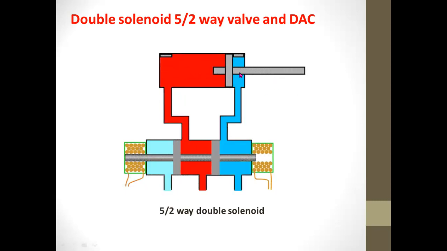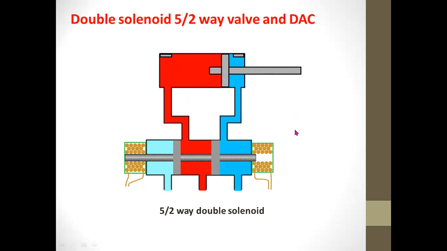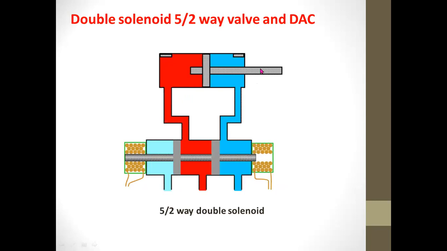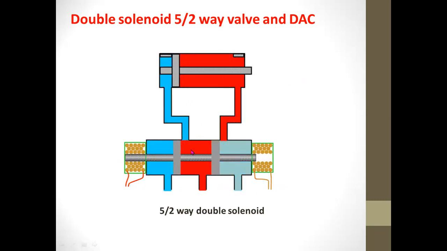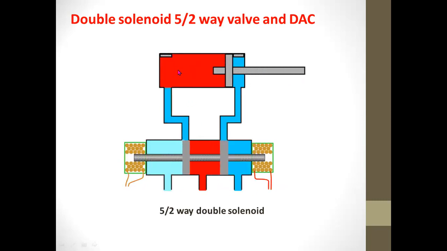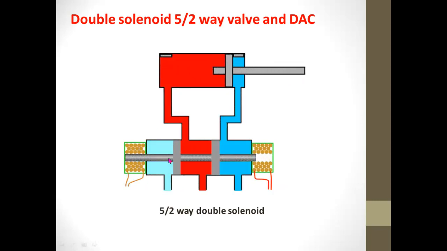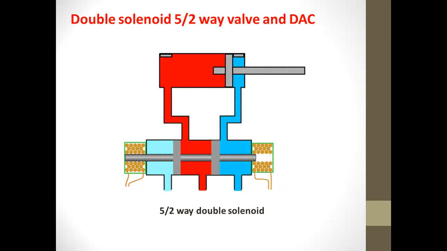If the cylinder is already in the extended position and then you energize both, it will remain in the extended position. Or if the cylinder is in the retracted position and then you energize both, the cylinder will remain in the retracted position.